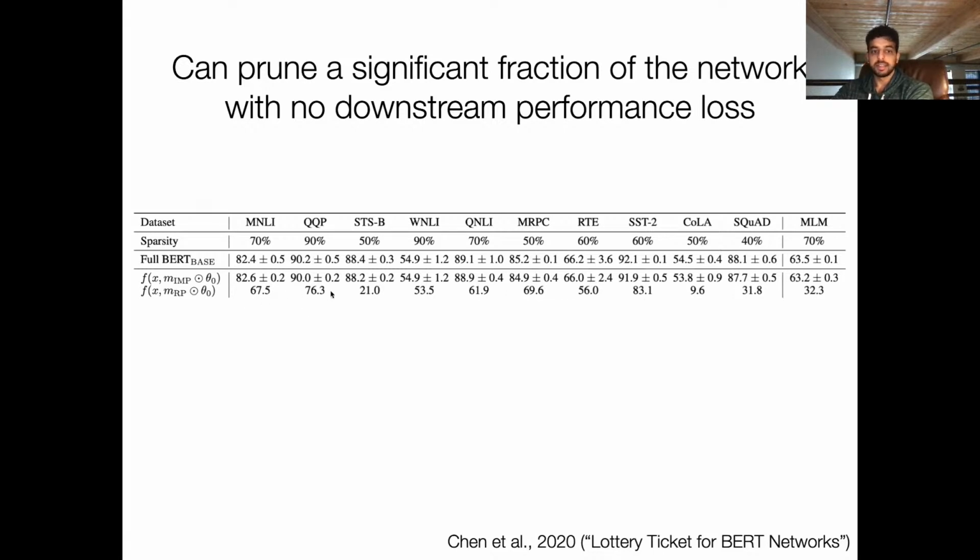So this indicates that this heuristic of selecting the weights that have the highest magnitudes is actually quite important. And these results do show that there is a lottery ticket, the metaphor at least holds here. So yeah, this is perhaps another route that you can go if you're interested in making your models faster.